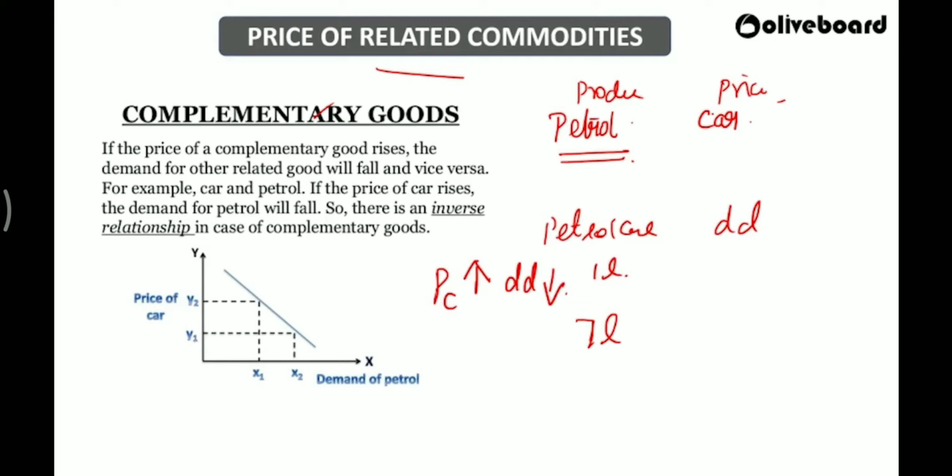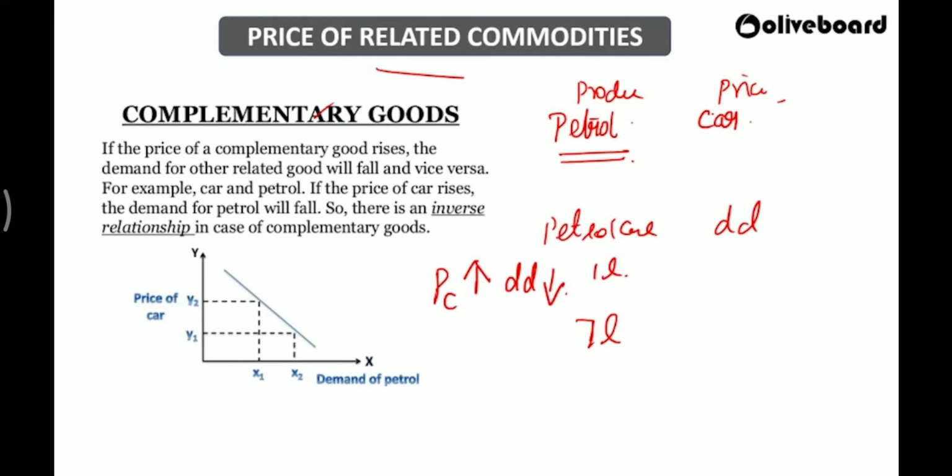If I want to determine the demand for my petrol, I have to check who all will use my petrol. Bikes will use, cars will use. Correct? Suppose the car prices keep on increasing, will there be a demand for petrol? If petrol car prices are increasing, obviously people will stop buying petrol cars.